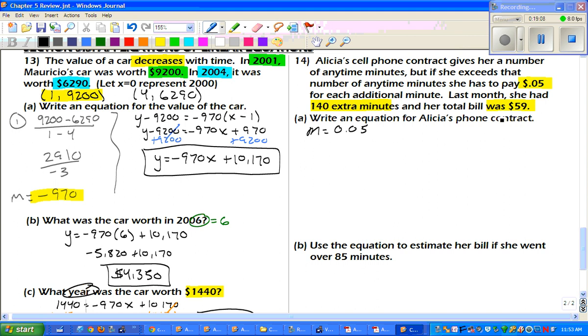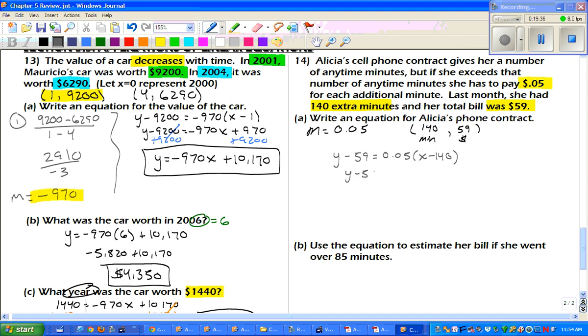And now they give us a point too, and our points are always time and money. So from here we can write our equation. y minus your y equals the slope times x minus your x.